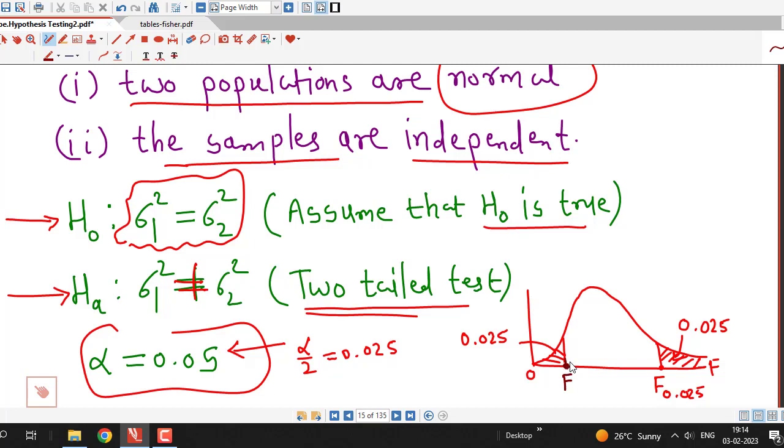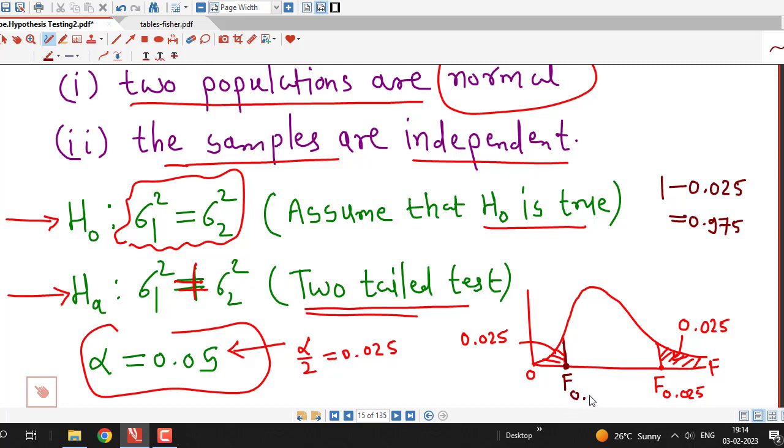So here the area to the left side of this point is 0.025, therefore the area to the right side of this point is 1 minus the area to the left side of that point, because the total area under the probability density curve is always 1, and this turns out to be 0.975.